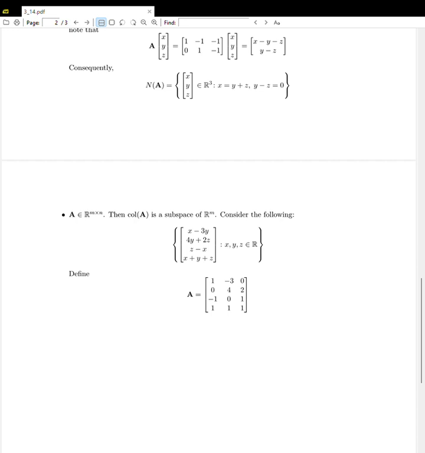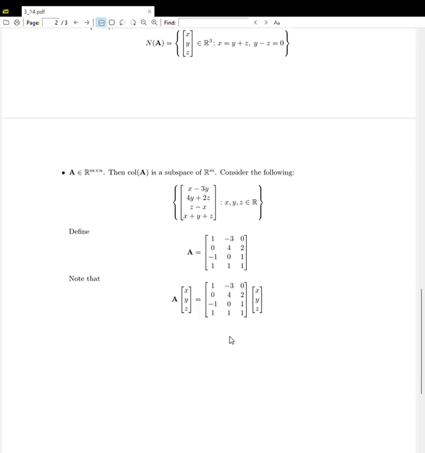When I do that, we compute our dot products, and then conveniently, what are we going to get? Well, you're going to get precisely this set of equations right there.